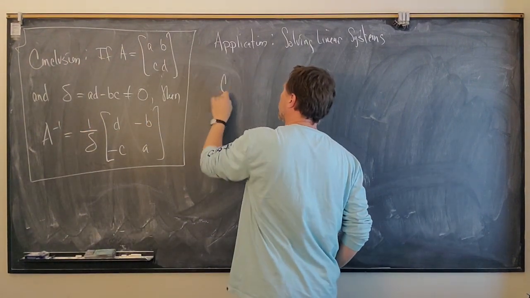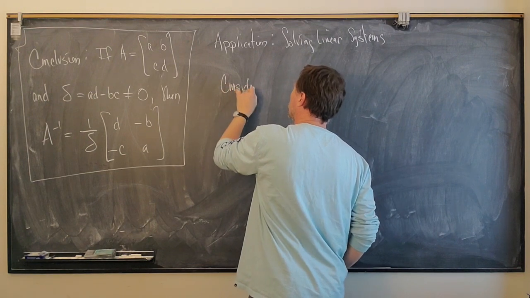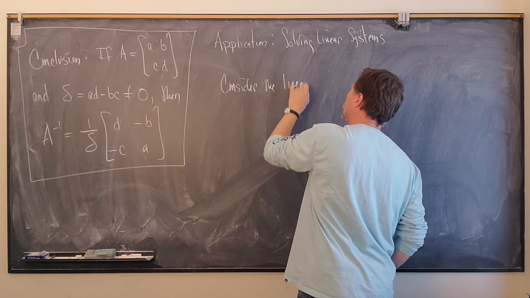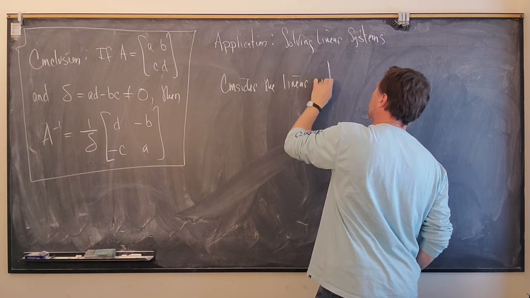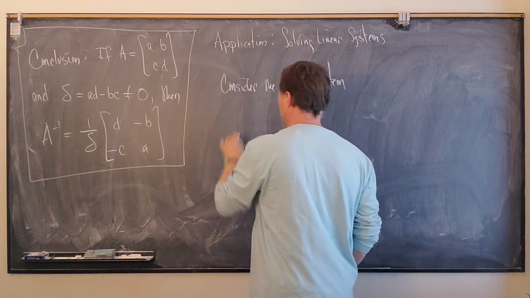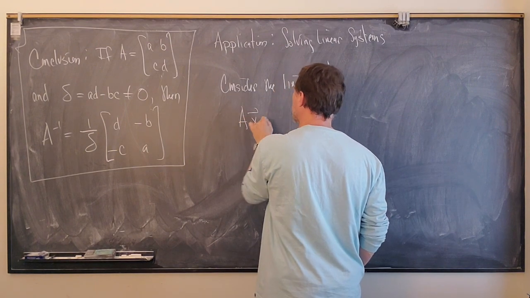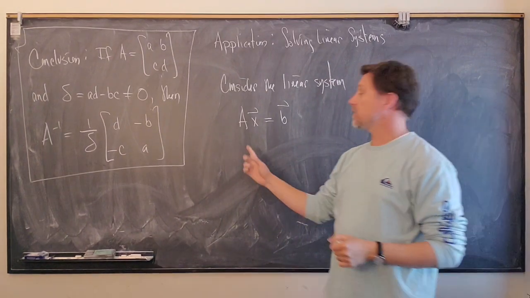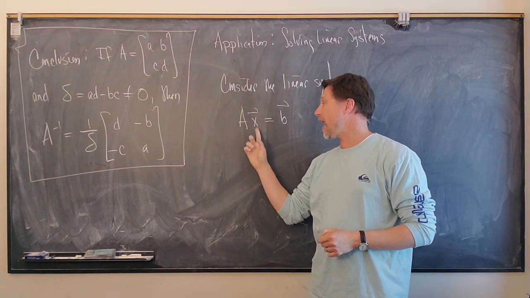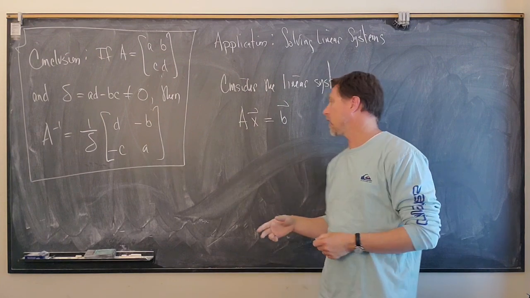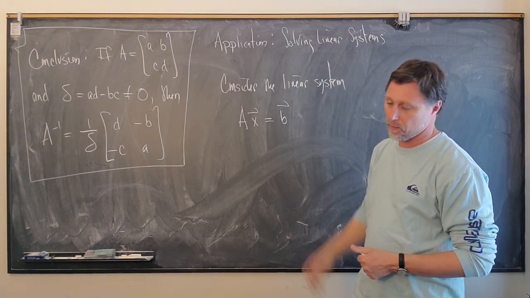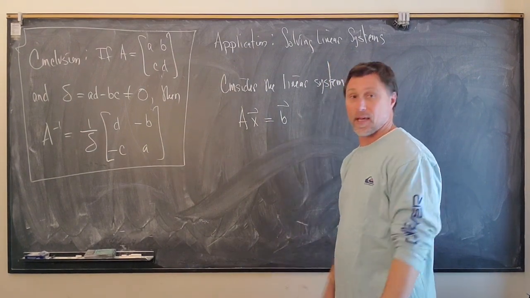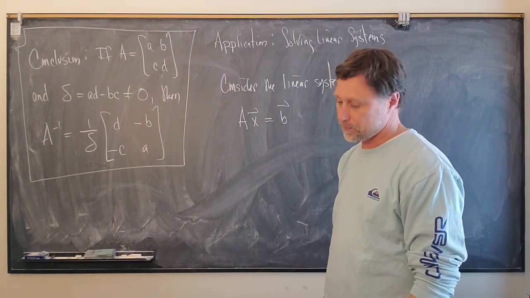So consider the linear system, which I'm going to write now in matrix equation form. AX equals B. So remember, A is the coefficient matrix, X is the vector that holds all the variables, and then B is the column vector that tells us the constants on the right-hand side of each equal sign.